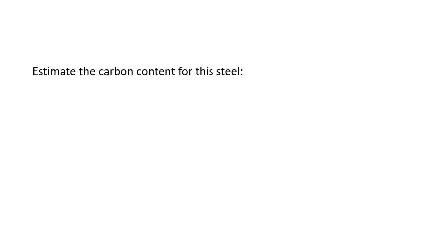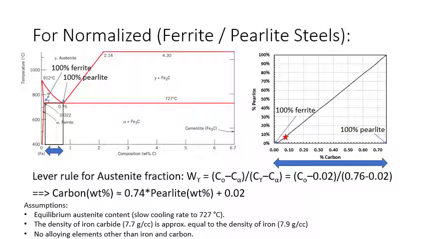So now that we've estimated the amount of second phase, now we can estimate the carbon content for this steel. We can use what we've learned about the phase diagram to calculate the carbon content. Now, how are we going to do that?